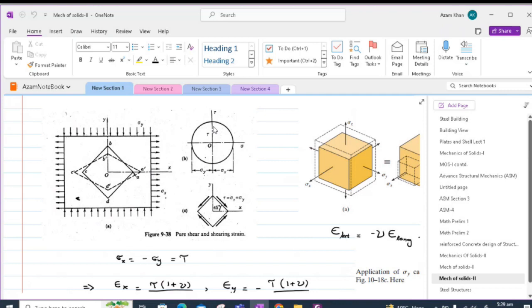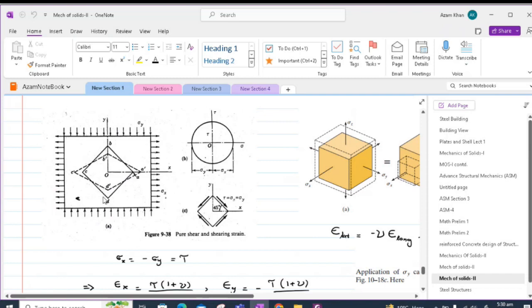It is because of this reason that we assume the stress state shown in figure A. Thus, the stress state in figure A is of pure axial strain, whereas at 45 degrees we have pure shear strain. This pure shear state is shown by the box ABCD.